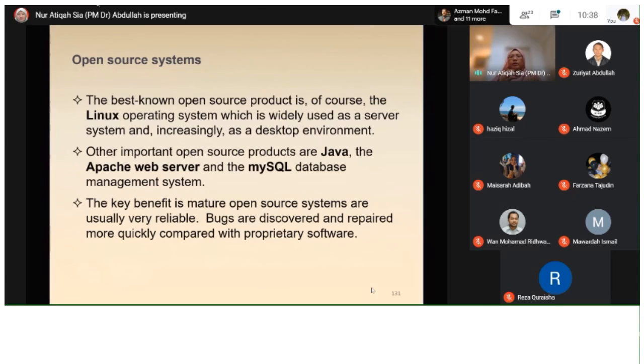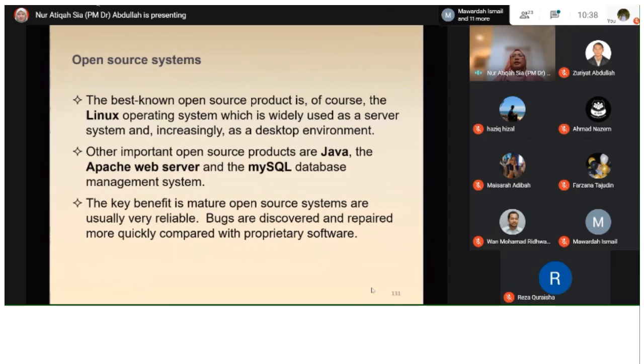The benefit of it actually is a mature open source system. Bugs can be discovered and repaired compared to any proprietary software. That means any purchased software, contoh kalau Microsoft Office ada problem, you nak suruh dia fix akan ambil masa yang lama, tunggu sampai next version baru boleh fix.